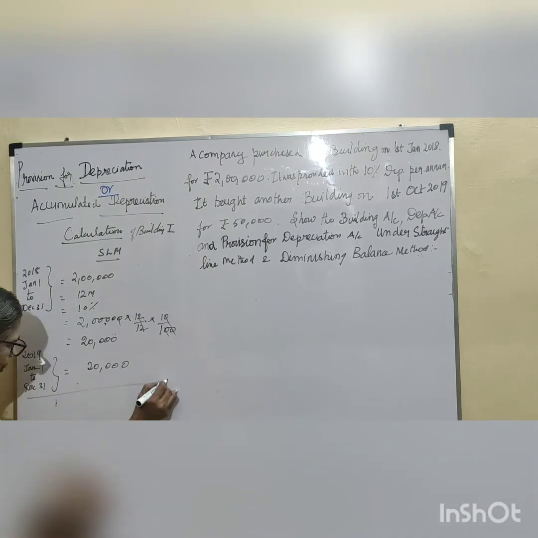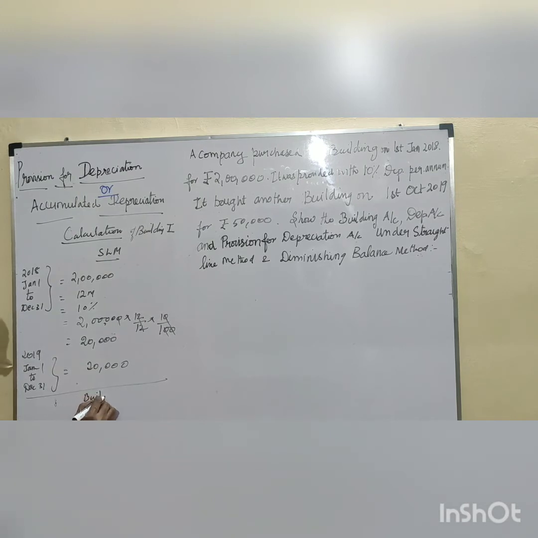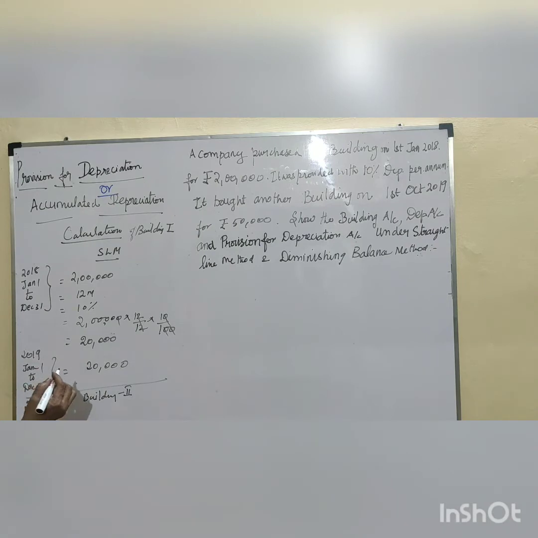Now building 2. Building 2 we are going to calculate at the straight line method. On 1st October 2019 they bought a building for 50,000.